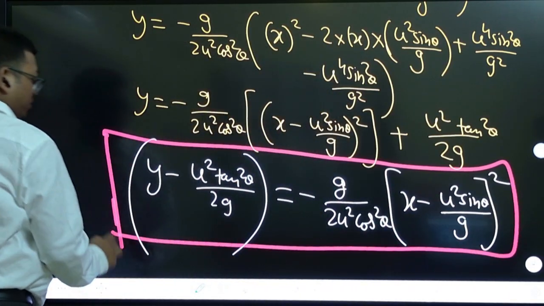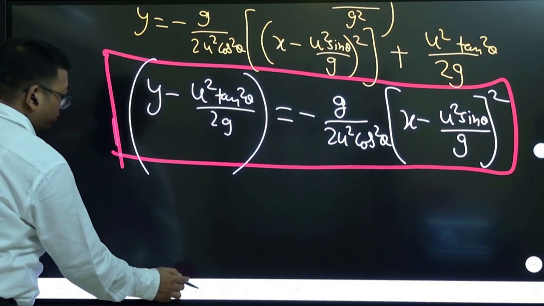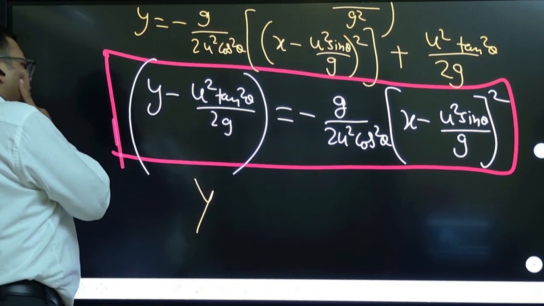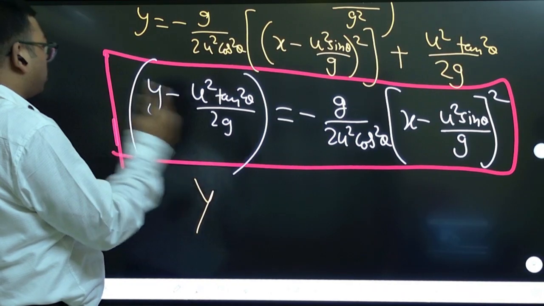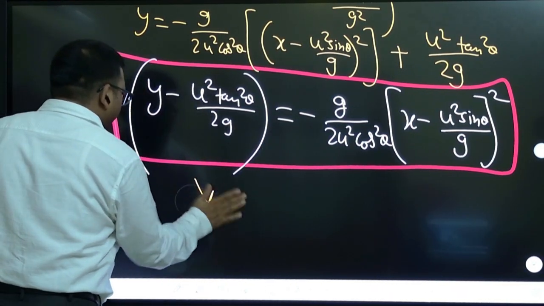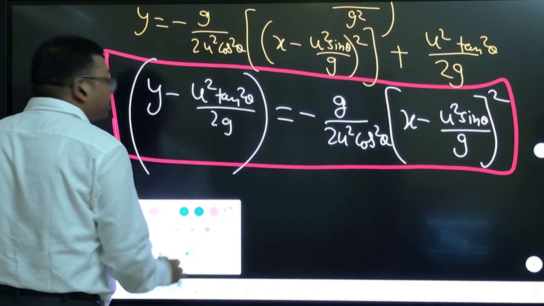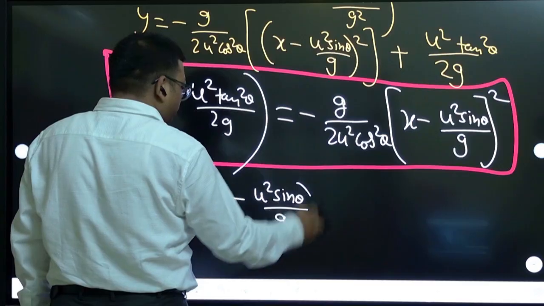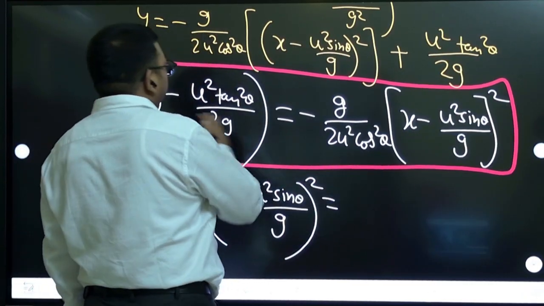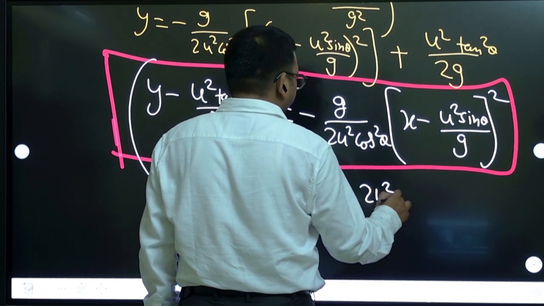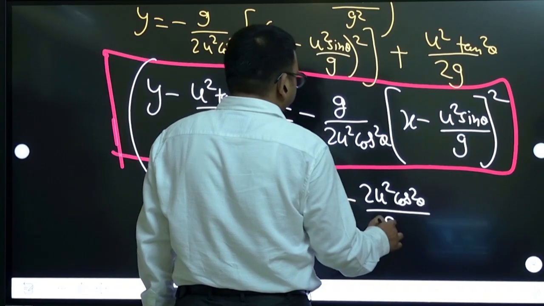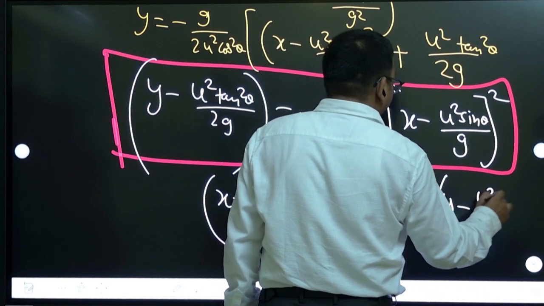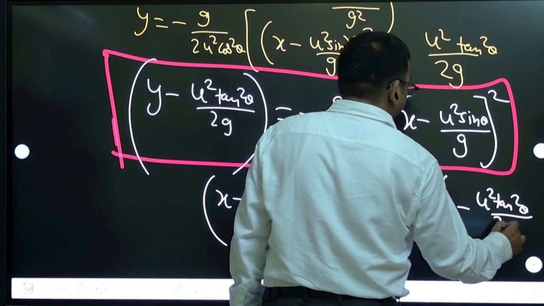It looks like x square is equal to 4ay. Okay, bring the x square term to the left side. So x minus u square sin theta by g whole square is equal to minus 2u square cos square theta by g into y minus u square tan square theta by 2g.